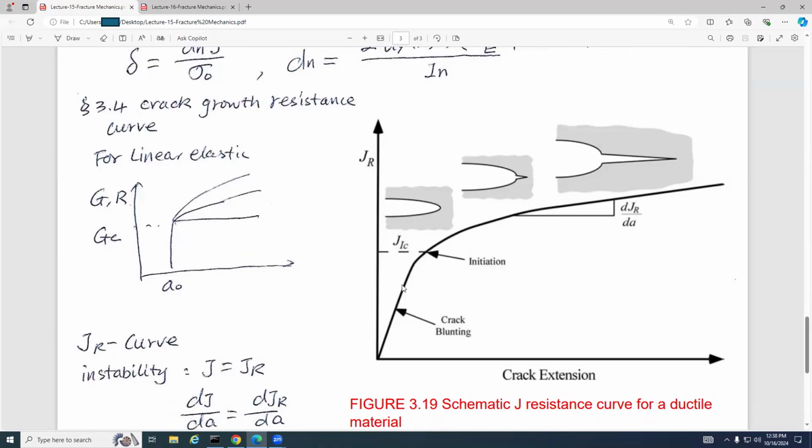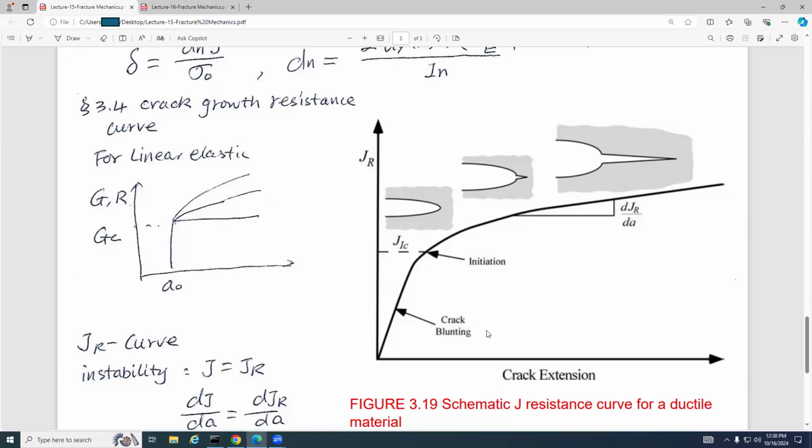This is because of the elastoplasticity. Before the crack propagates, the crack tip becomes blunting first. You know blunting, right? Guys, do you know blunting? Here, this is my original crack. It's very sharp.